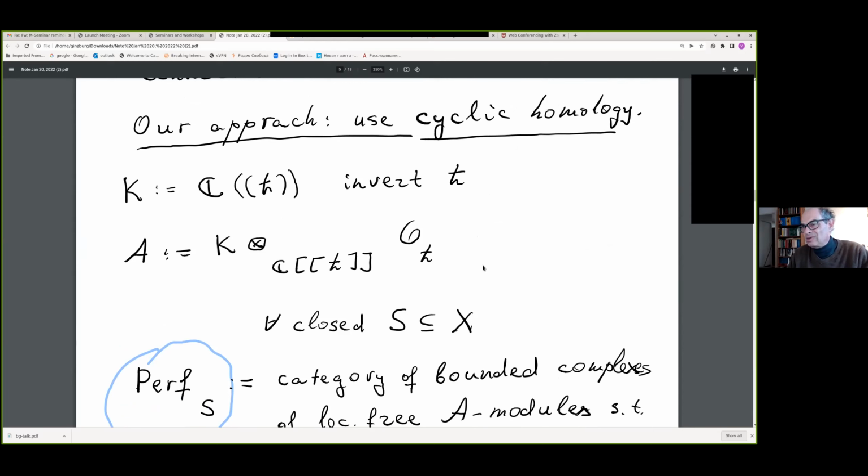In other words, I want to invert h bar. And the meaning of it is, heuristically, when I do not invert h bar, then somehow I am in a neighborhood of the point where h bar is 0, which is the classical setting. But when I invert h bar, then h bar is no longer allowed to be 0.